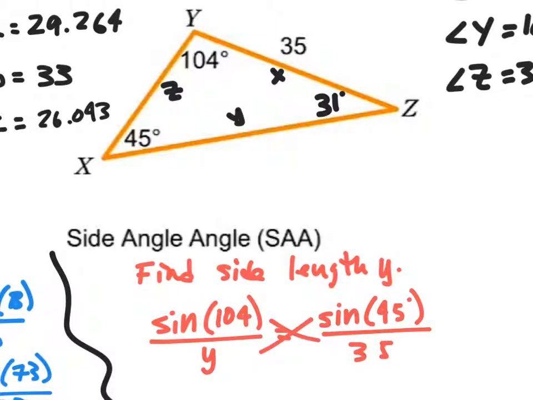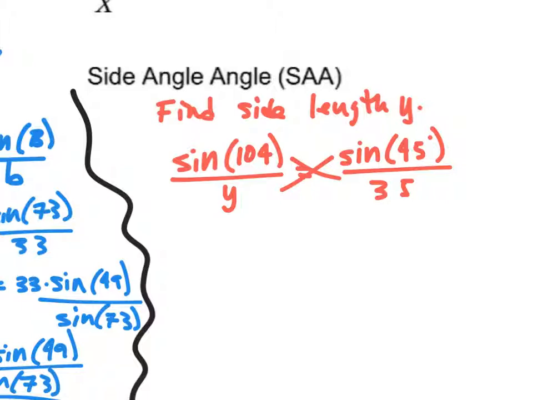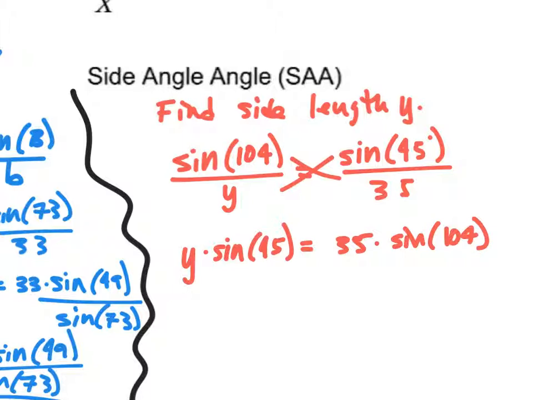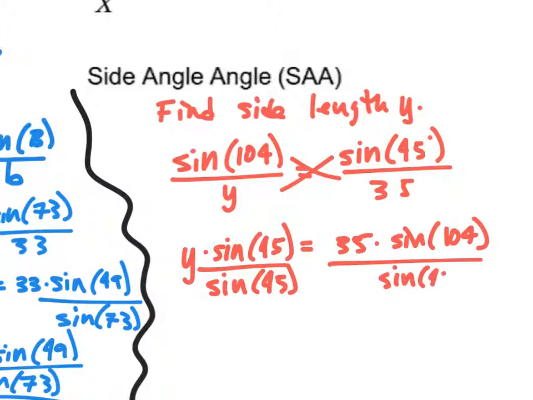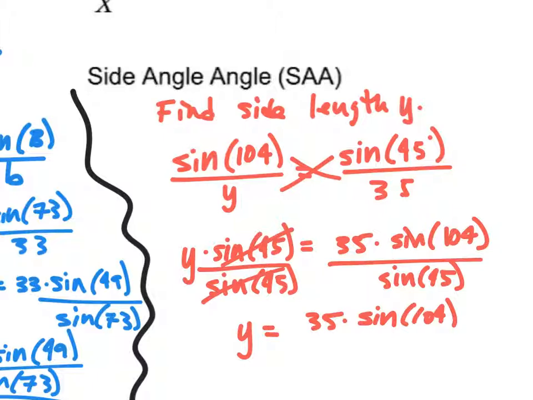Then let's solve. Let's cross multiply. We get Y times sine of 45 degrees is equal to 35 times sine of 104. Divide by sine of 45 on both sides. Then we get that Y is equal to 35 times sine of 104 over sine of 45.